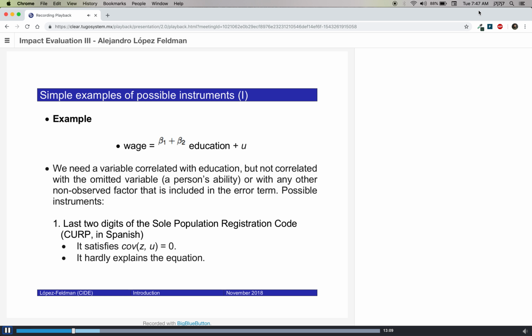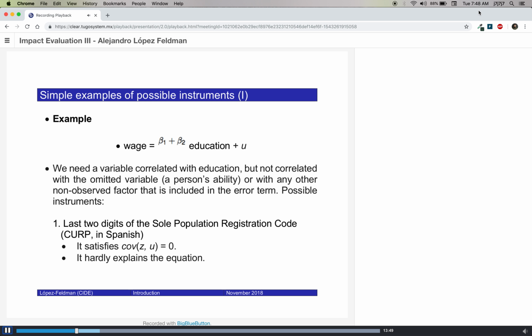If I am saying that the two last digits of this number are randomly selected, then this is just any number assigned to each individual in a representative data sample, then those last two digits are not related to ability. And they are random numbers. So this is exogenous, this is not related to the error, and it is a good instrumental variable in that sense.